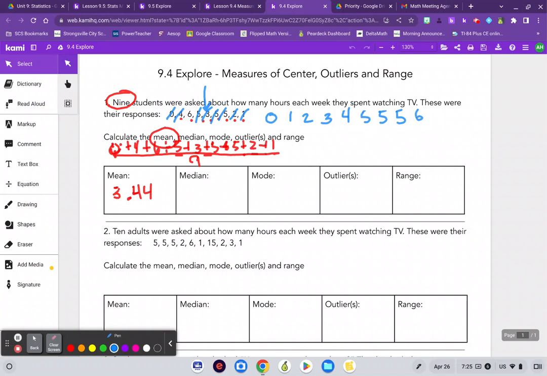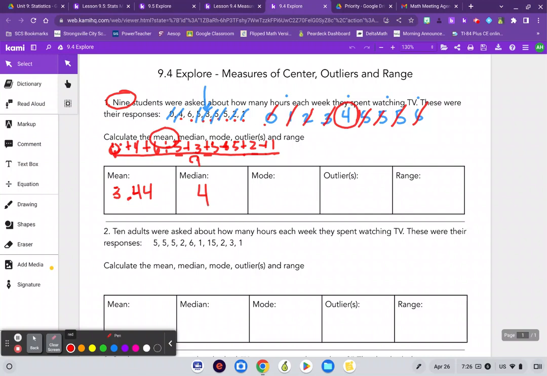I always like to just count my list to make sure that I have all 9 pieces of data. So I've got 1, 2, 3, 4, 5, 6, 7, 8, 9. Perfect. And then I have to find the one that's in the middle. To do that, I tend to like to cross off the lowest data point and the highest data point, and then the next lowest and next highest, until I have crossed everything off, and that leaves one number in the middle, and that's my median: 4.